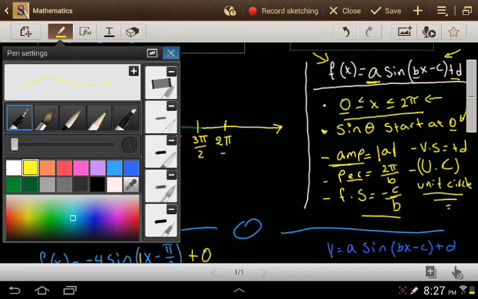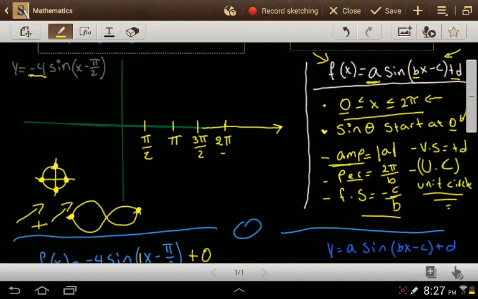Now, if this image was moved pi over 2 to the right, that means that we have to move the end of the image pi over 2 to the right. So how do we do that? We do 2 pi plus pi over 2. And I'm doing everything so I don't skip a step and you'll be like, oh, you skipped a step.